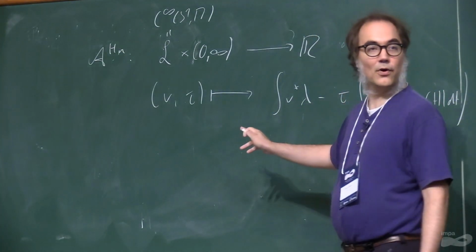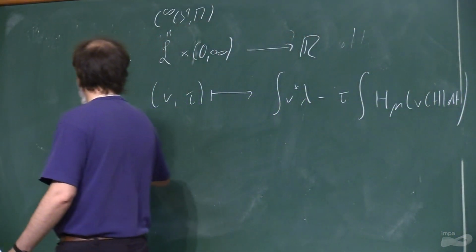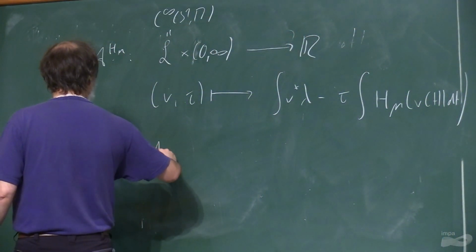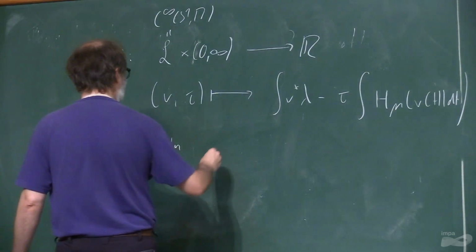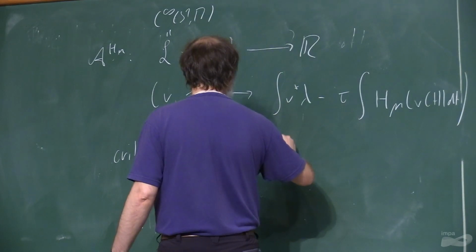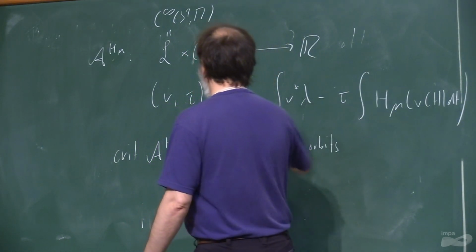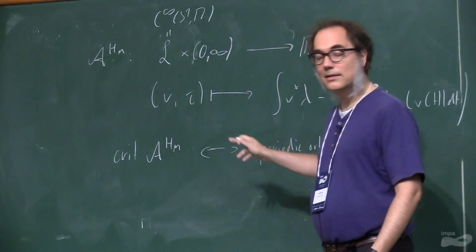And the critical points of this function are precisely the periodic orbits. So the critical points of A_{H mu} correspond to periodic orbits, and tau is then precisely the period.